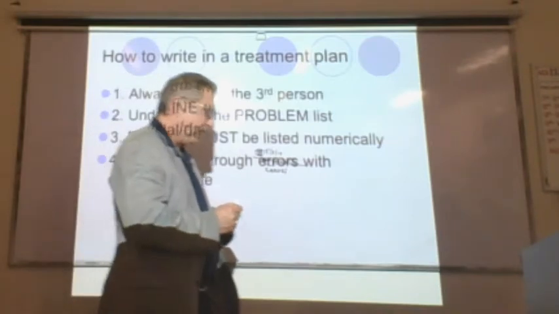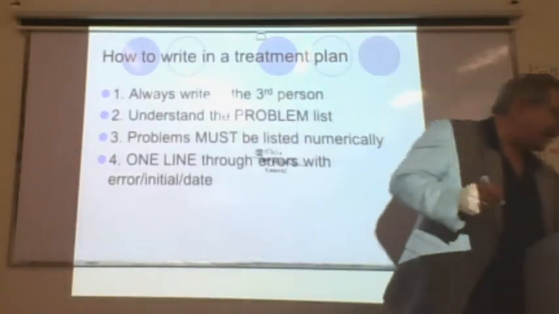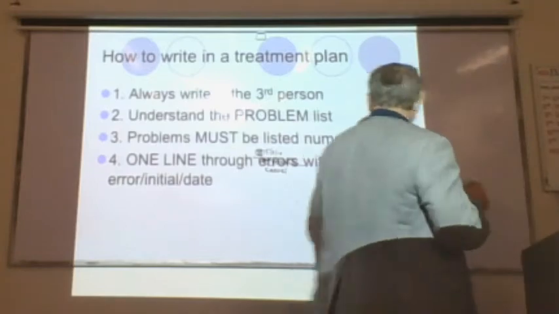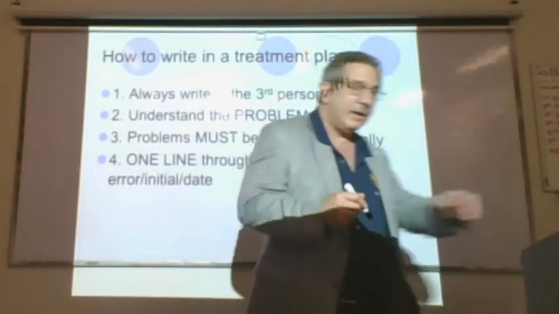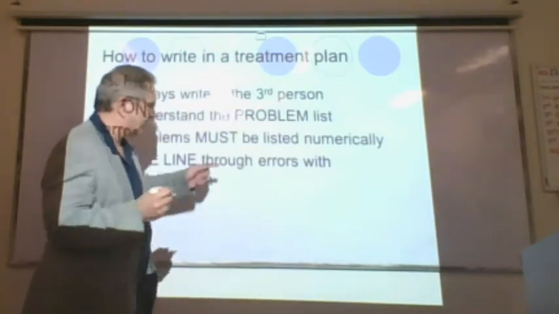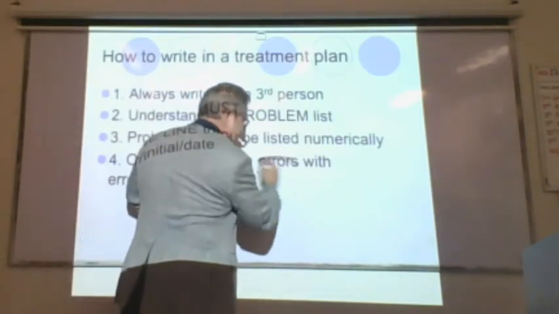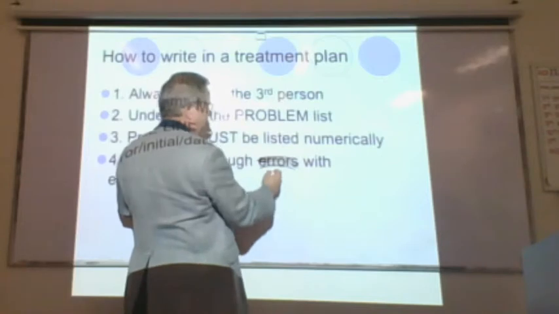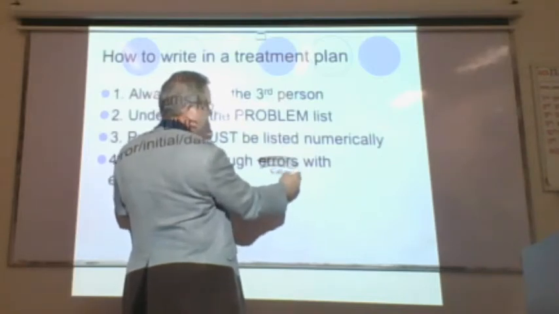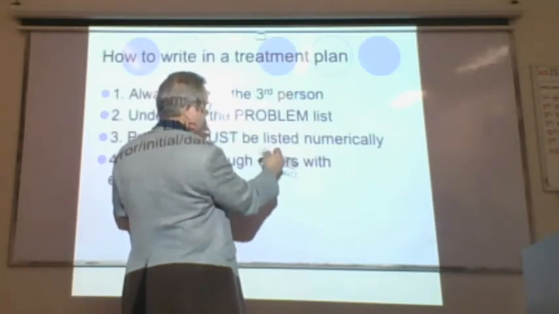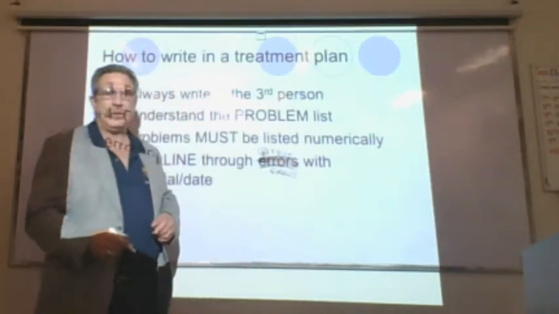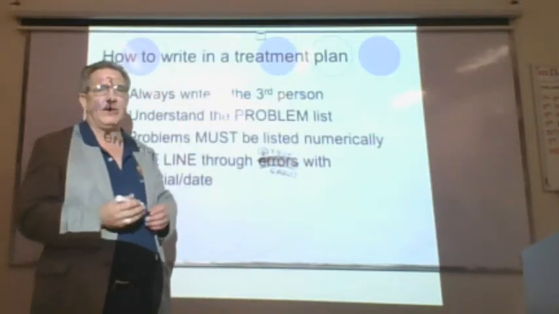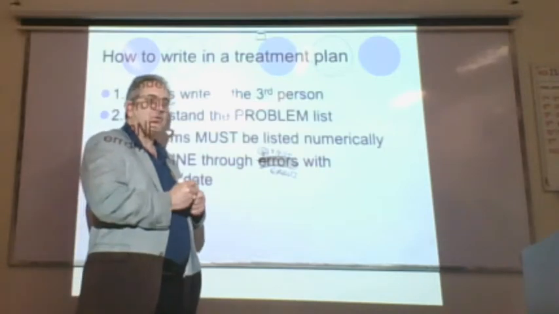All right? What I don't want to see ever, ever, ever, and I've seen this already in some of the work, is something that looks like this. This word is spelled wrong, and then you write E-R-R-O-R-S, and then you initial it, and then you date it. No, no, no, no. Very unprofessional, very incorrect.